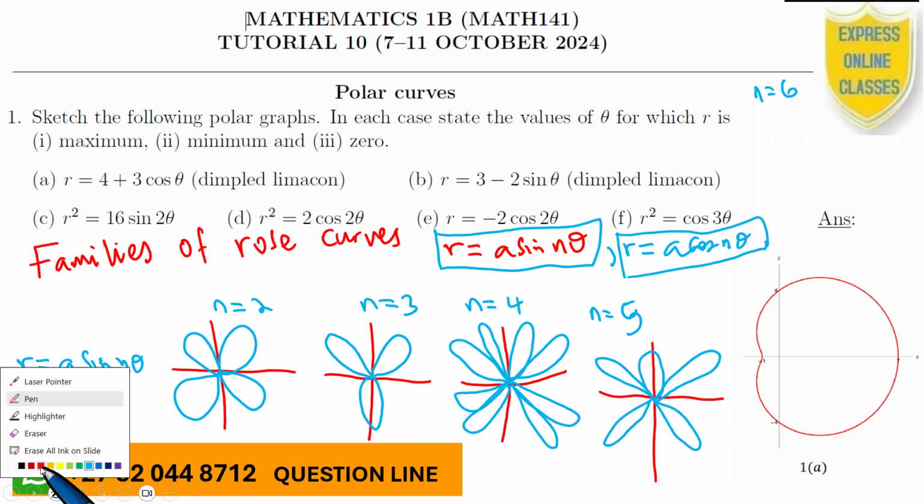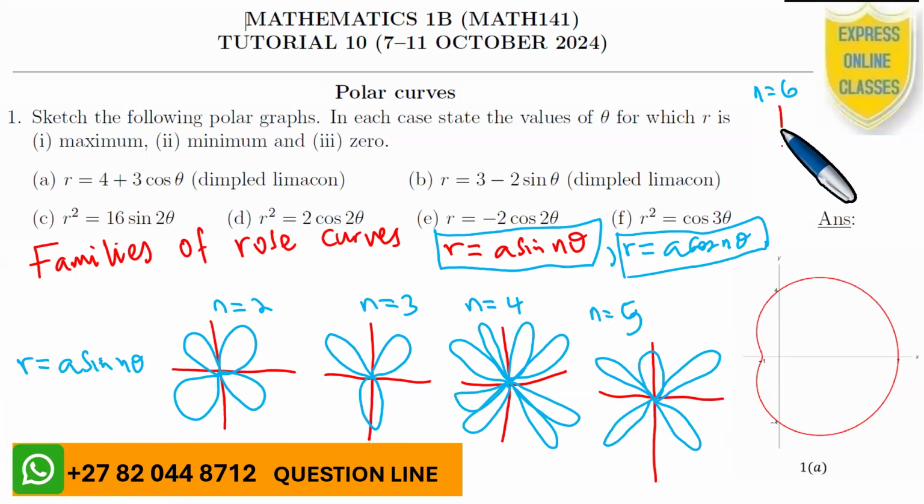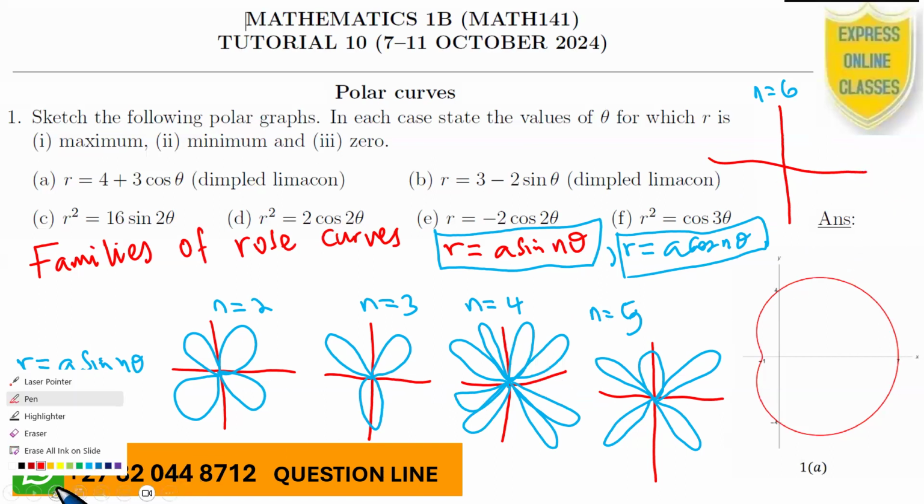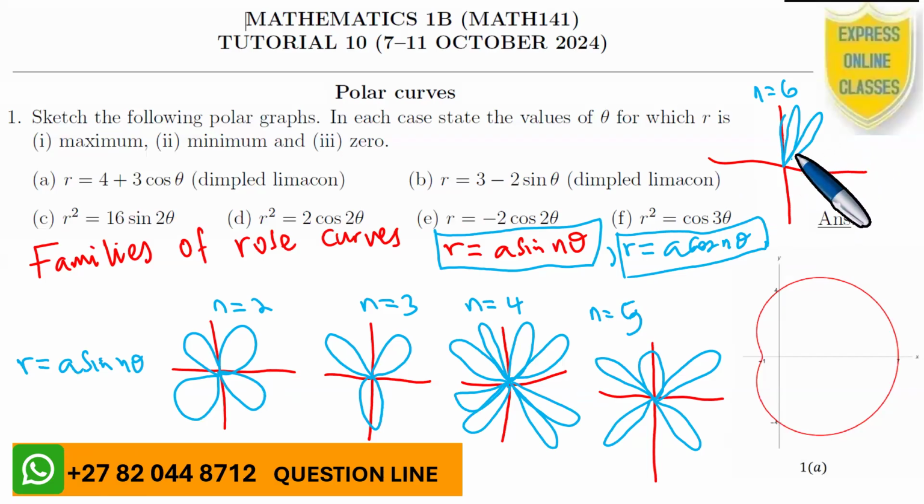So for n equals 6, you're going to have the following. You have 1, 2, 3. You have 1, 2, 3.